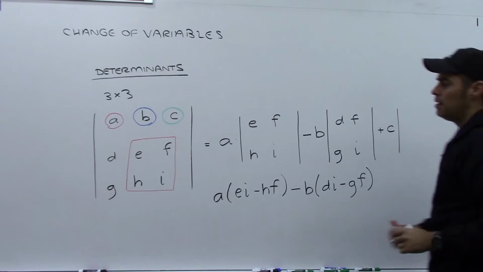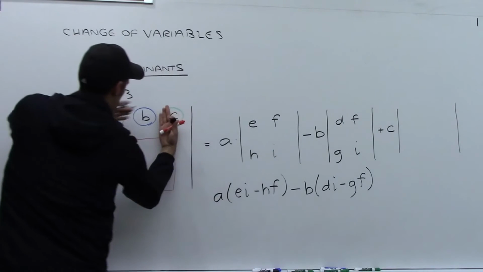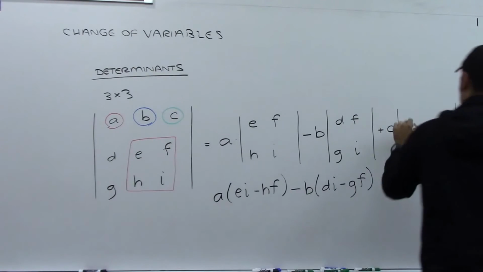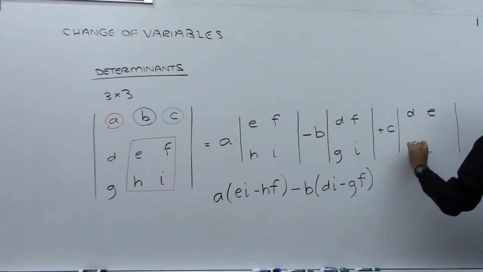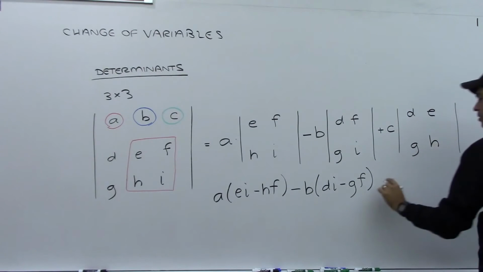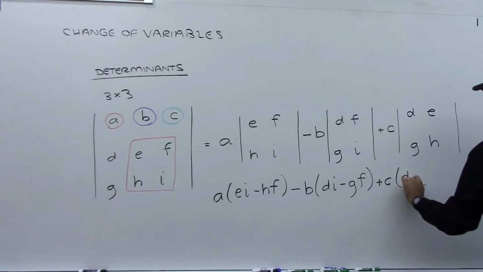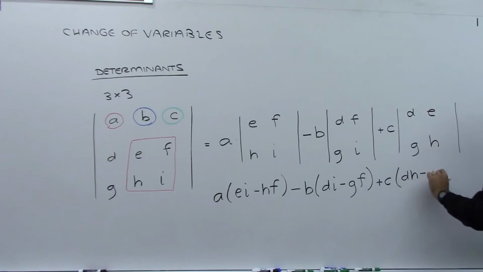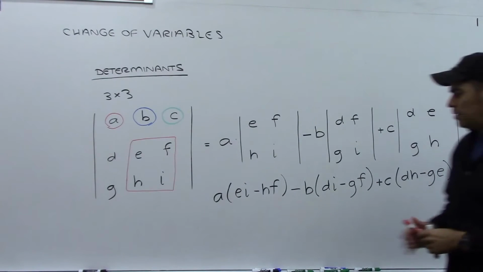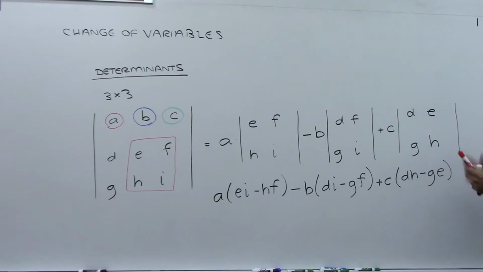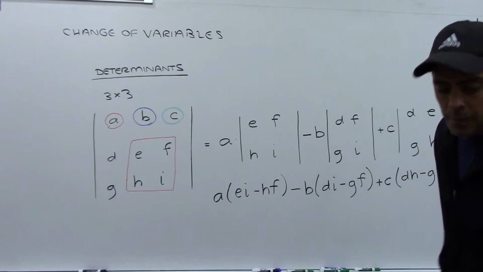For this determinant, we cover up this column, cover up this row, D E, G H. So we get plus C times the determinant D H minus G E. And then if you wanted to, you could multiply the A through here, the negative B through here, the C through here, and that would be your determinant. So that's how you do a 3 by 3.